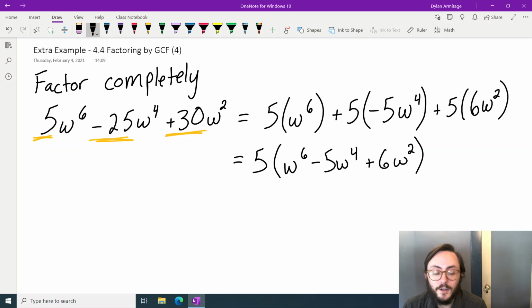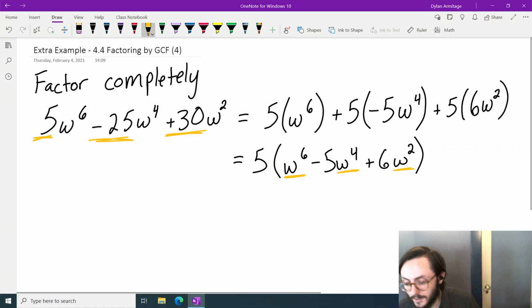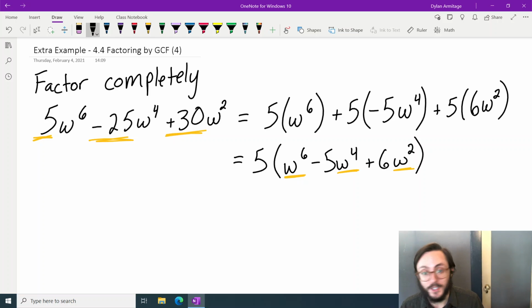Now you might see all of these exponents here. They go up to the 6th power, but we can work this out. Because now, all of these terms inside here have a w as a part of them, right? Specifically, we have 6, 4, and 2, which means that we have really 2 w's, or w squared in them. Sorry, w times w.